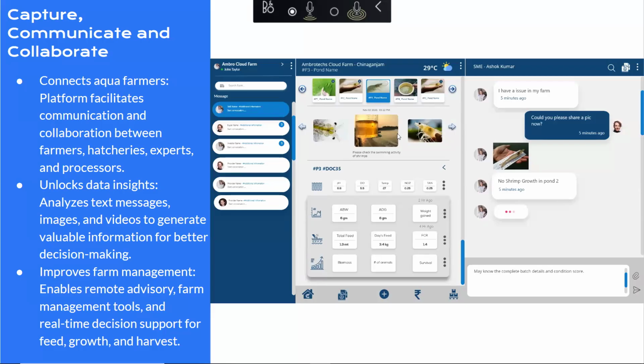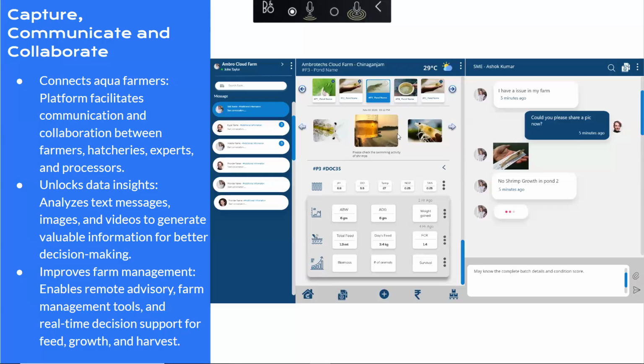So what happens in a crisis situation? The farmer has seen that his shrimp is not growing, or there is some kind of discoloration. He will take his species, go to a shrimp doctor or a subject matter expert, SME, and then the SME will ask him to go and get this test done.